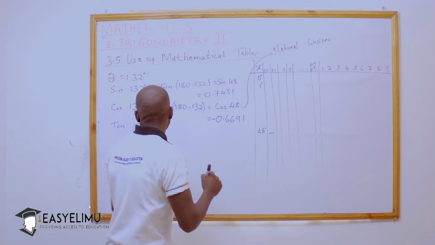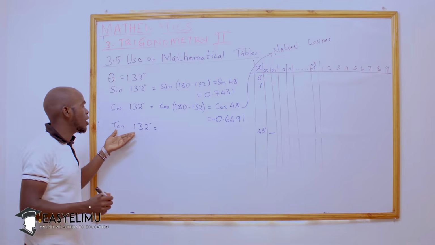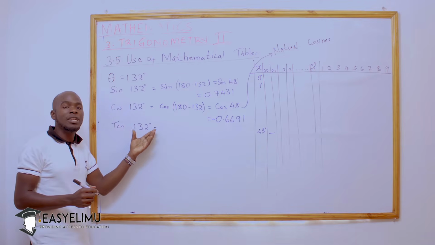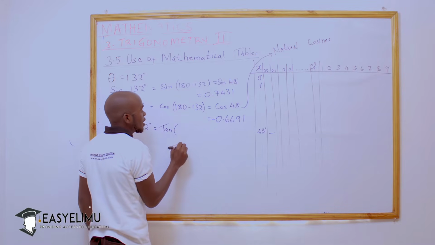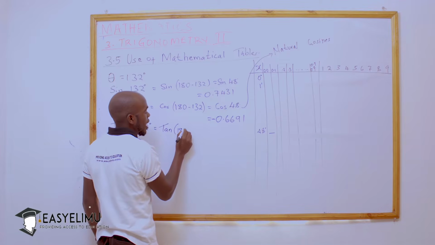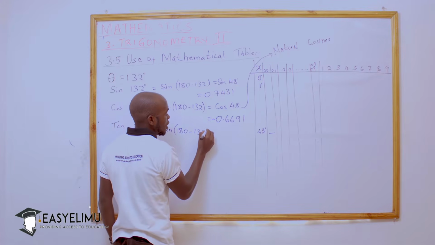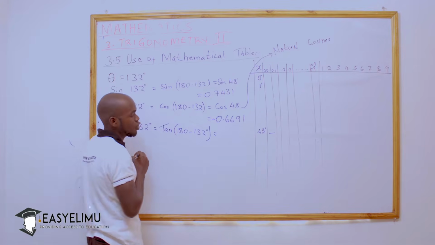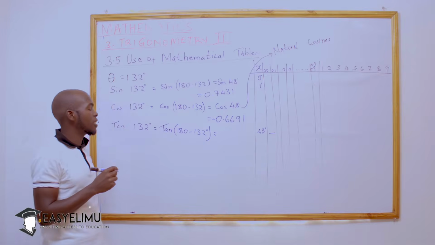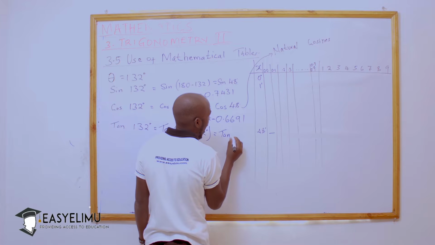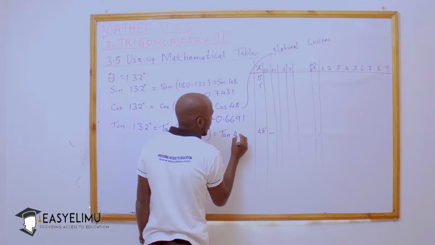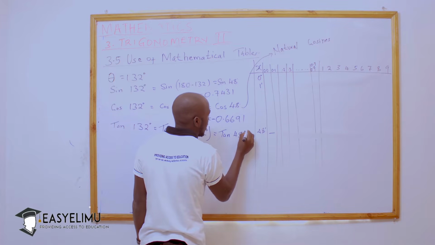The same applies to tangent. If we want to find the tangent of 132 degrees, it's the same as finding the tangent of, in the second quadrant, 180 minus 132 degrees, so as to find the acute angle which is equivalent to that. On doing that, you will find that you are finding the tangent of the angle 48 degrees.